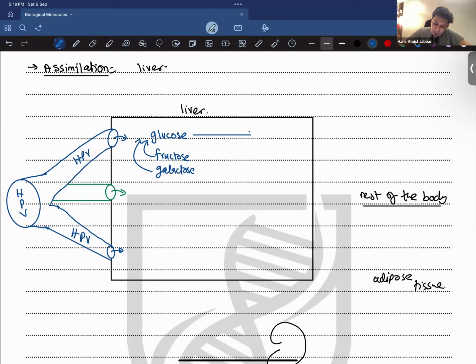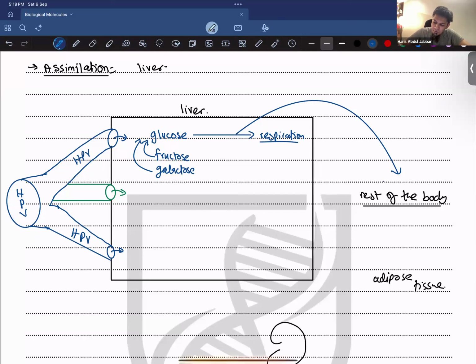This glucose, by the liver and by the rest of the body, is used for the process of respiration.